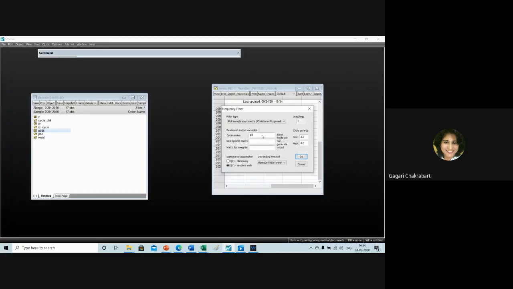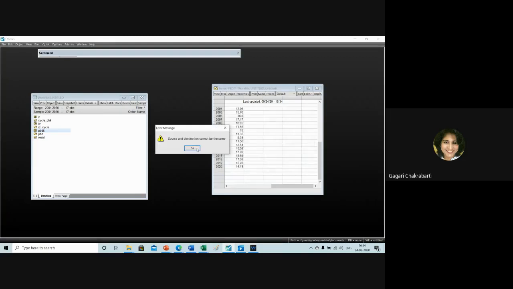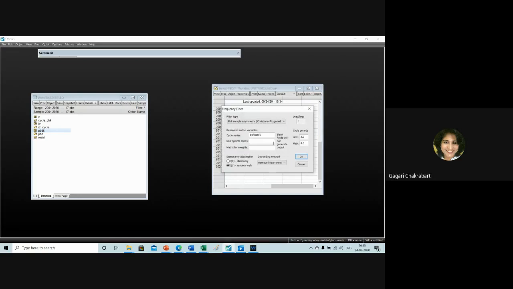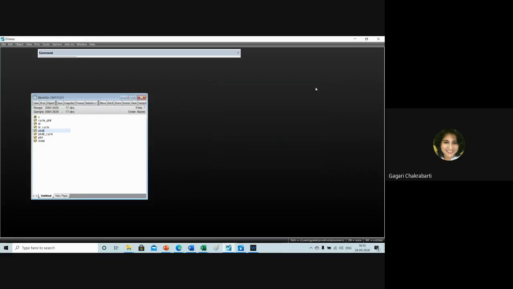This is PBDIT. So PBDIT cycle and ITR cycle.